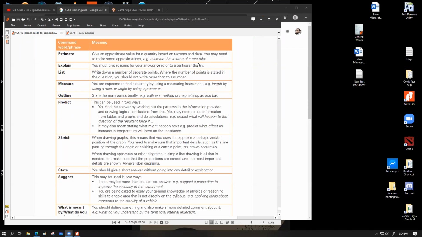Now, one of the very common questions that actually shows up in our AS level is: estimate the kinetic energy of a 100-meter athlete. Estimate the average kinetic energy of a 100-meter athlete or a 100-meter sprinter.